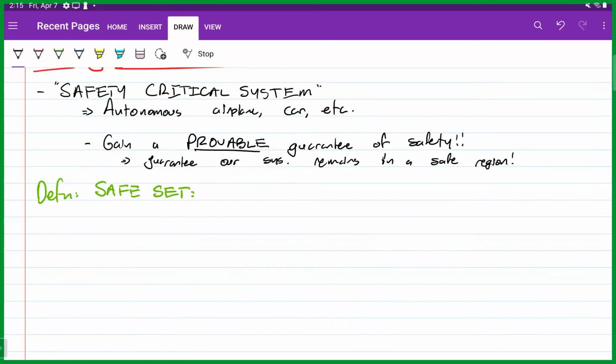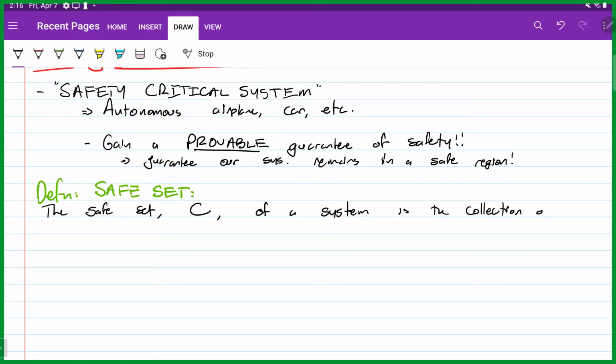We're going to say that the safe set, which we'll denote with the letter C, of a system is the collection of all state vectors, which, remember from earlier, are those vectors x in R^n that describe the configuration of our system at any one point.